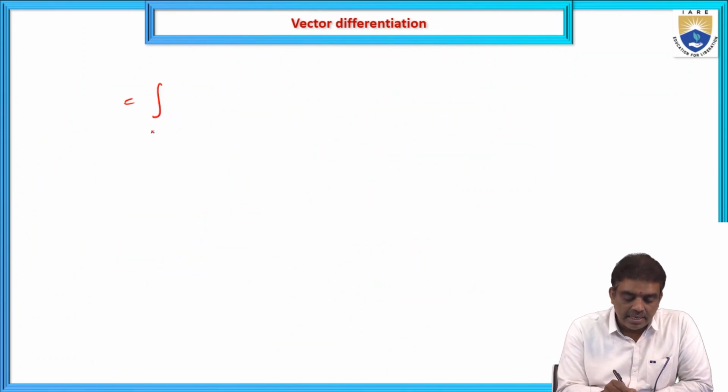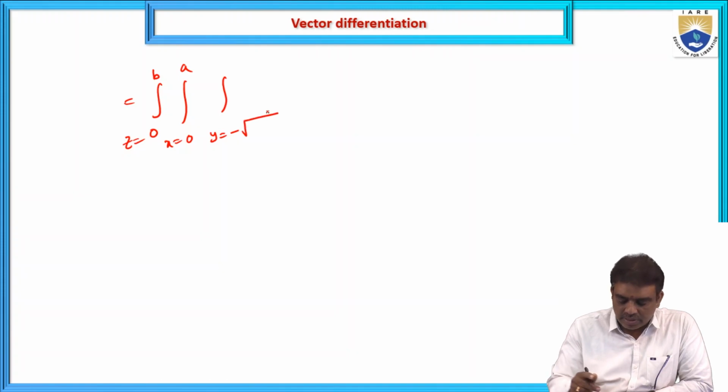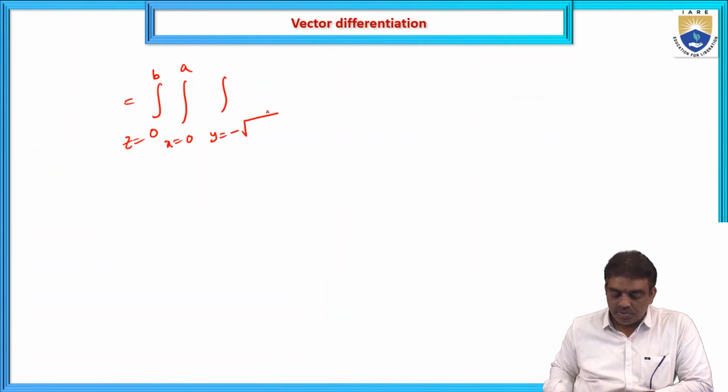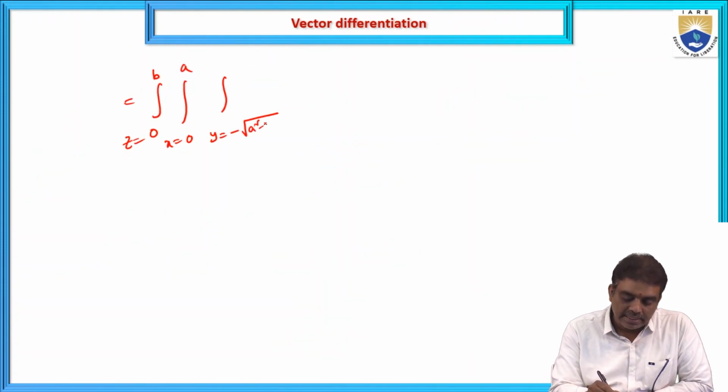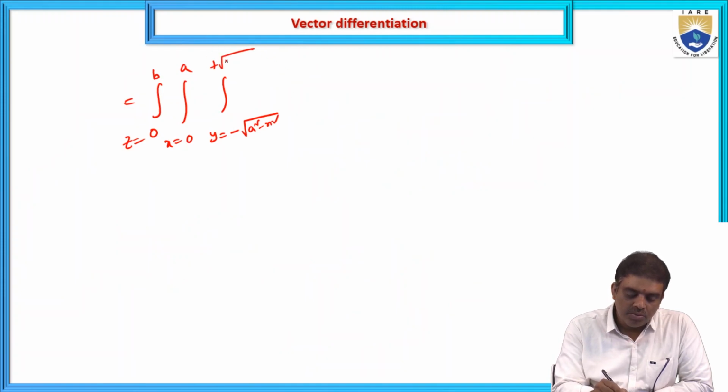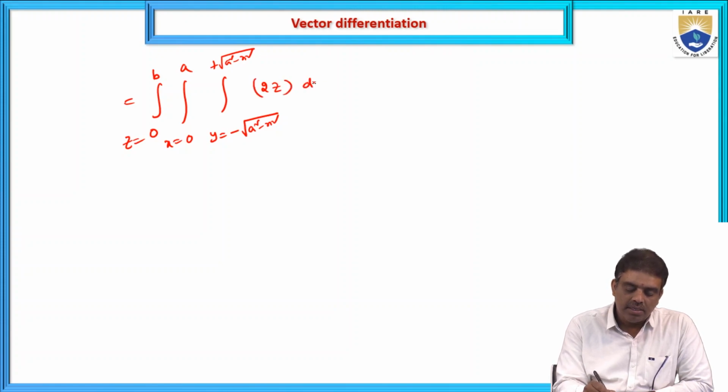This is integral 0 to b, z limit, x limit 0 to a, y limit minus square root of a square minus x square to plus square root of a square minus x square. Function 2z, dz, dy, dx.